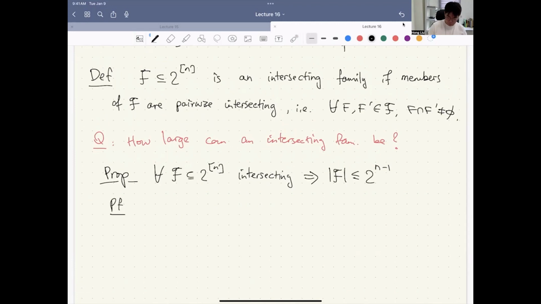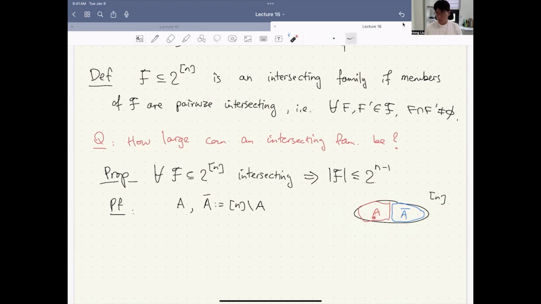Let's do it together. Being intersecting means for every pair, the complement of A, A bar, is what? [n] minus A. If you have A and you have its complement A bar, for these two members, you can only pick one. If both of them are present in F, F is not intersecting, obviously.